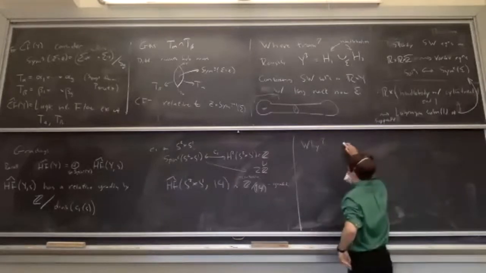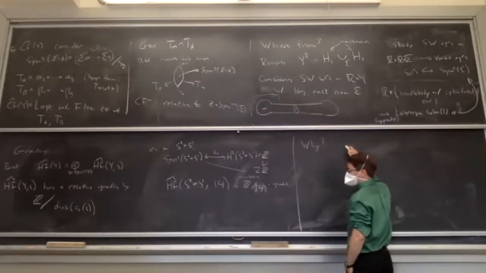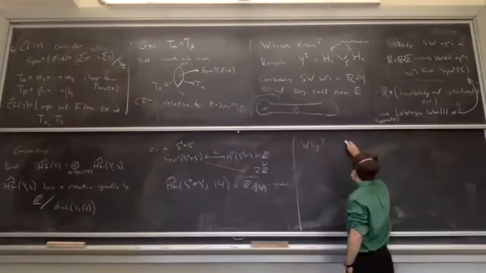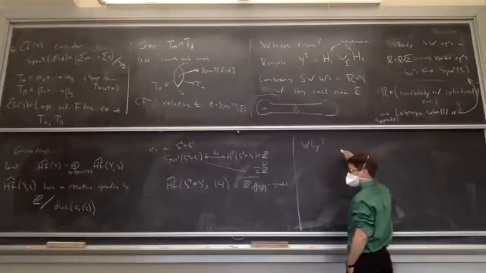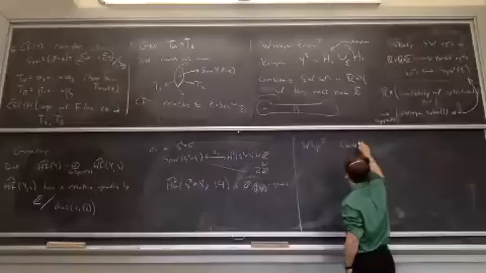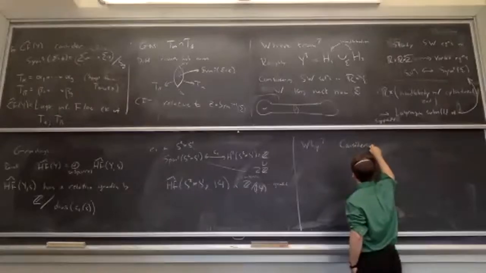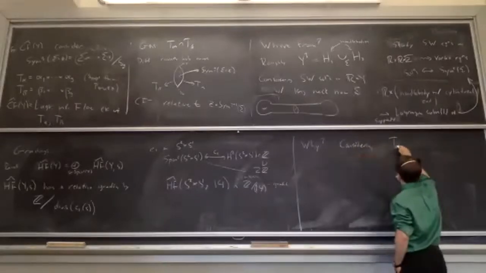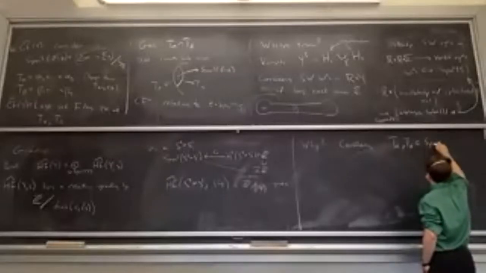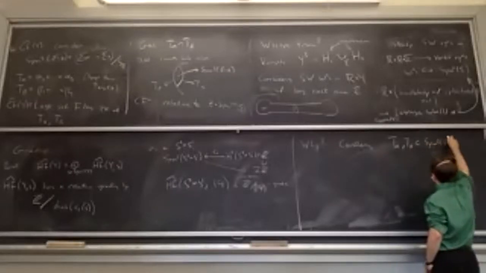Sorry, I'm deciding how generally to talk. So we're considering, not too generally, these two Lagrangians, T alpha and T beta, inside Sym^g of Sigma.